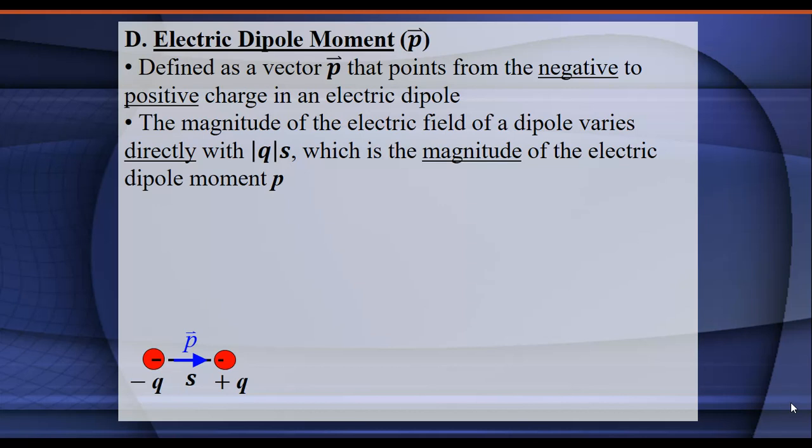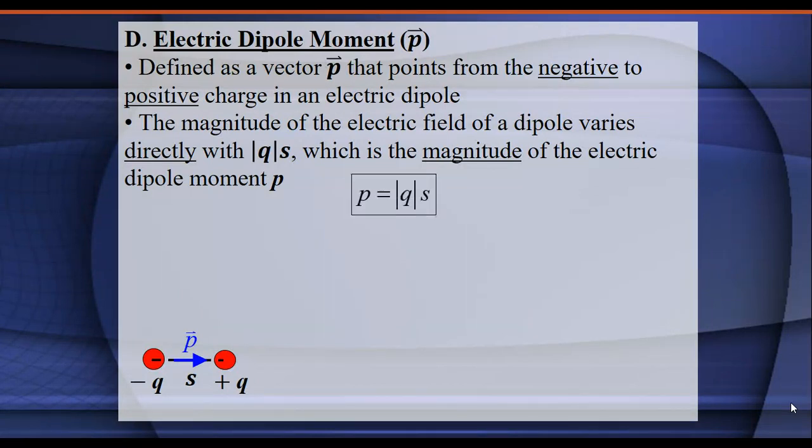The magnitude of the electric dipole moment varies directly with the product of the charge magnitude, q, and the separation between those two charges. So what I'm really saying is I'm going to give you an equation that can be used to calculate the electric dipole moment.